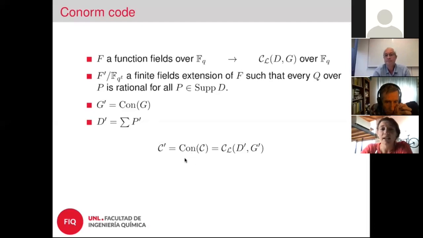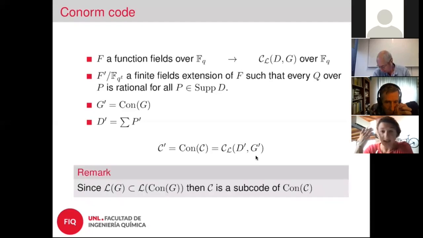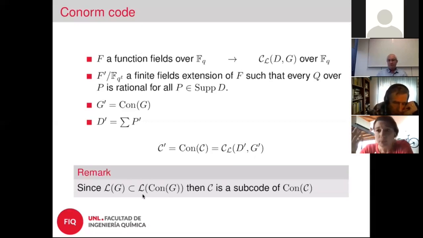And having this, the conorm code is just the algebraic geometry code or the evaluation code associated to these new divisors D prime and G prime. And since the Riemann-Roch space of G is contained in the Riemann-Roch space of the conorm of G, then our original code C is a subcode of the new one.